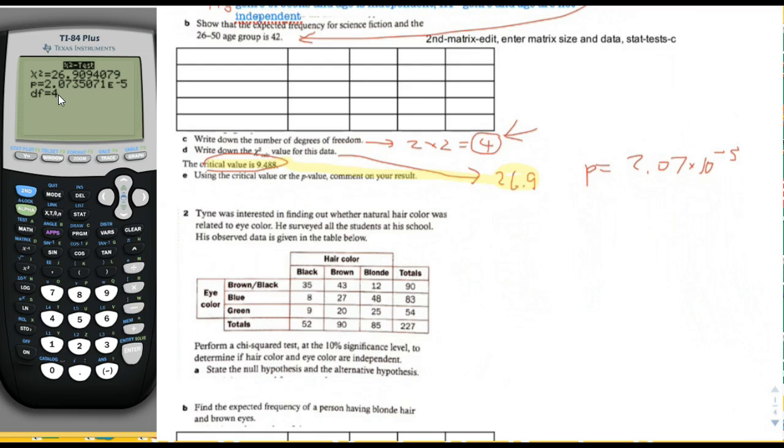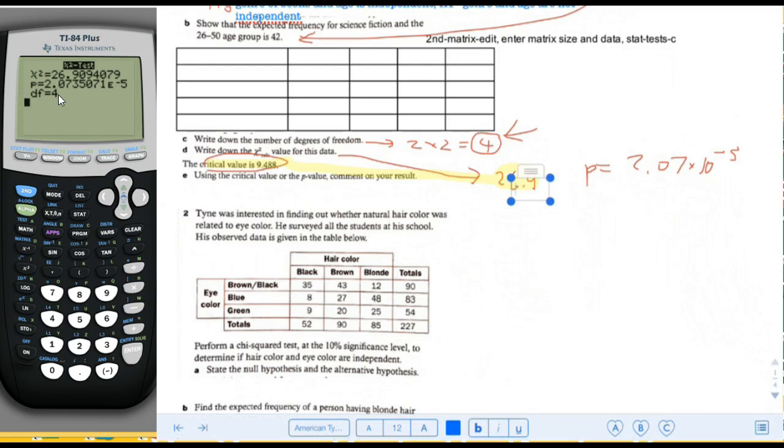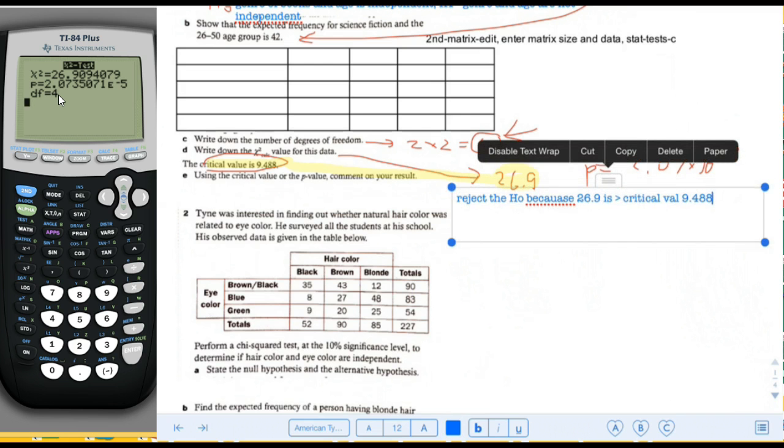So the result is you can reject the null hypothesis because 26.9 is greater than the critical value 9.488. Okay, actually it's not 94.88, it's 9.488. Okay, so we rejected the null hypothesis because of that.